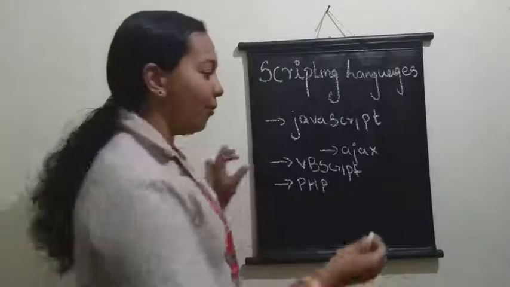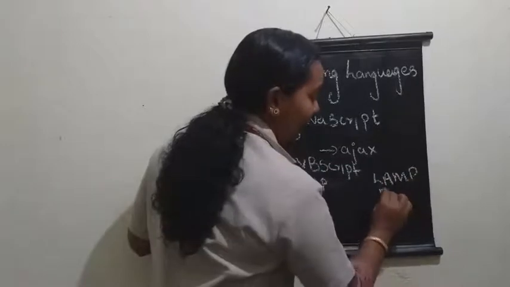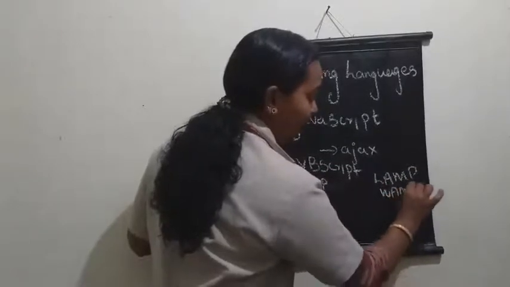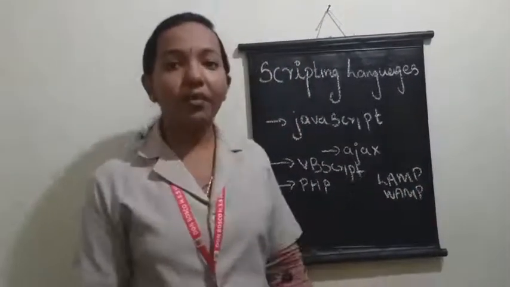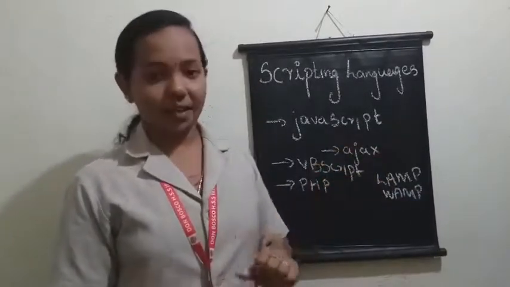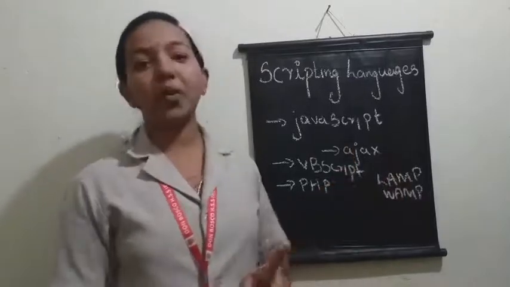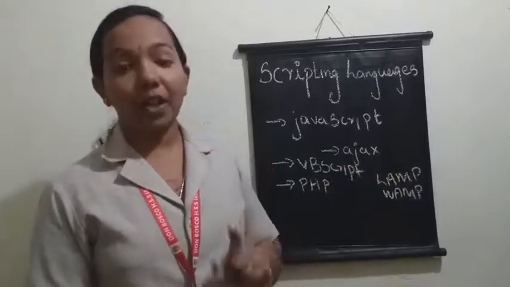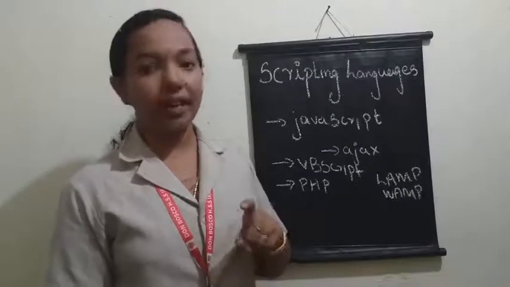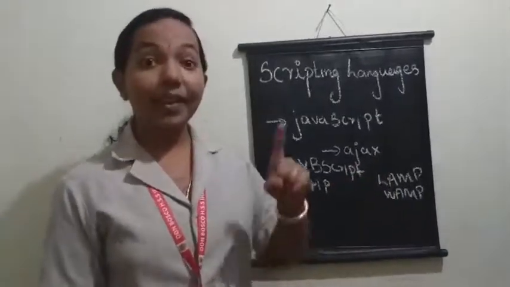Clear? Then, there are two packages available for installing PHP: LAMP and WAMP. One is LAMP, and the second one is WAMP. LAMP is a package suitable for Linux. Suppose we want to execute a PHP program; you need to install the LAMP package if your operating system is Linux. What does LAMP mean? L stands for Linux.